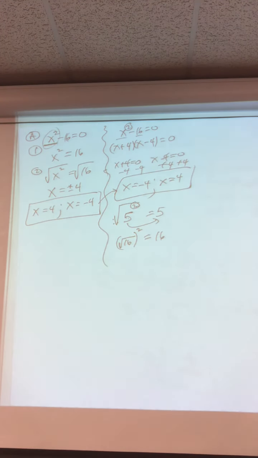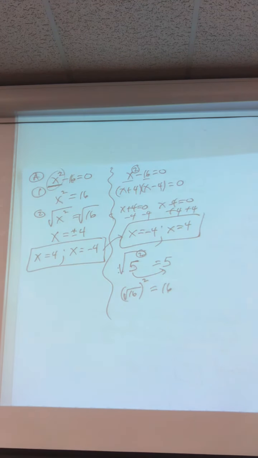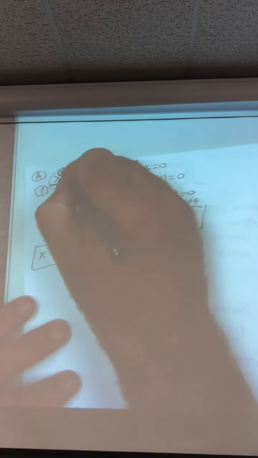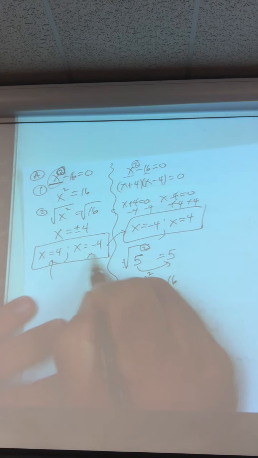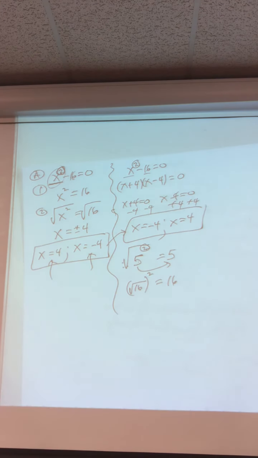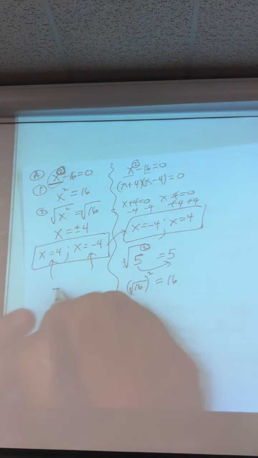Now, a lot of students forget that plus or minus. So let me tell you a couple of things that might help you remember it. First of all, remember a quadratic equation always has two answers, so you should have two solutions. Now, when you enter these solutions, I think you can enter it like 4, negative 4.